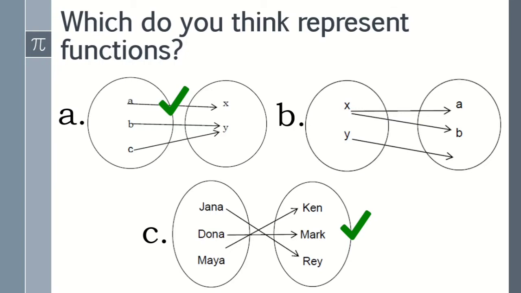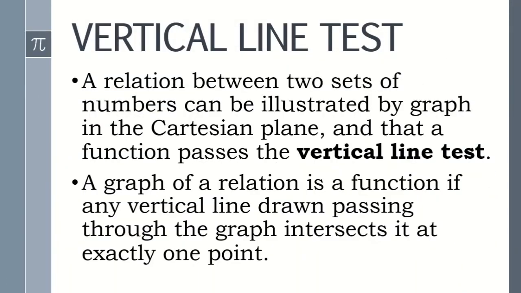Let's proceed to the vertical line test. A relation between two sets of numbers can be illustrated by a graph in the Cartesian plane, and a function passes the vertical line test. A graph of a relation is a function if any vertical line drawn passing through the graph intersects it at exactly one point.